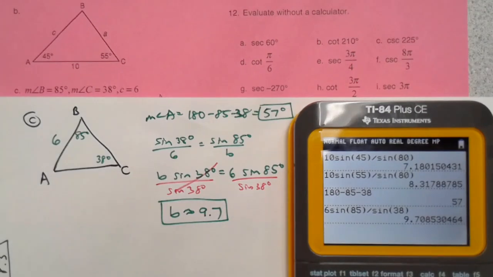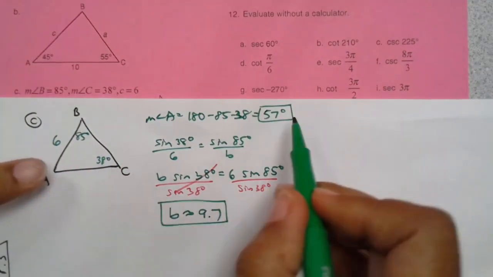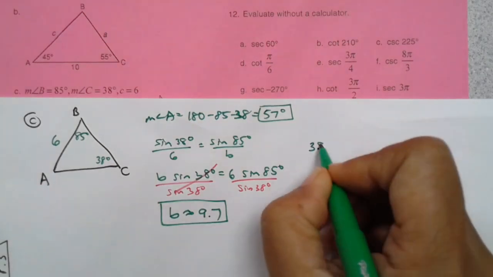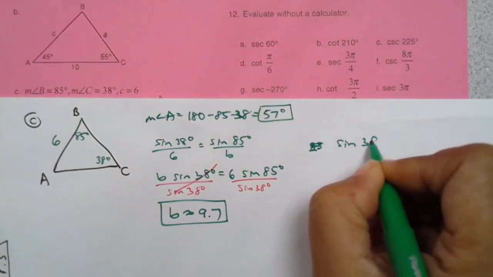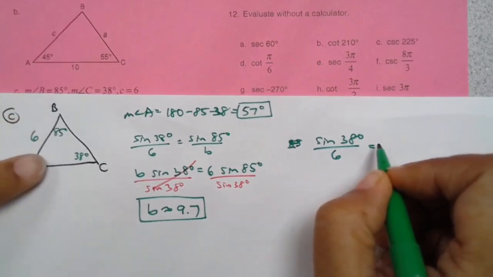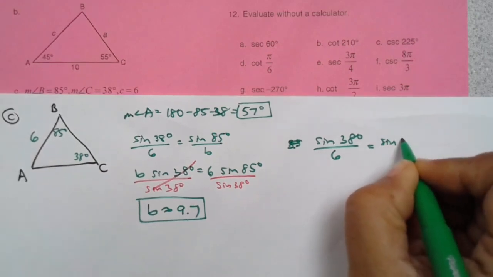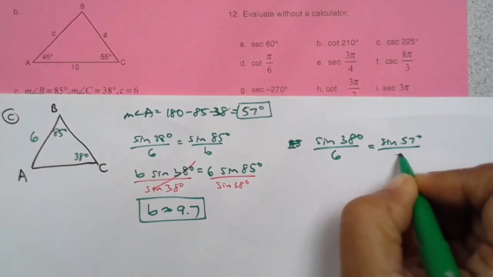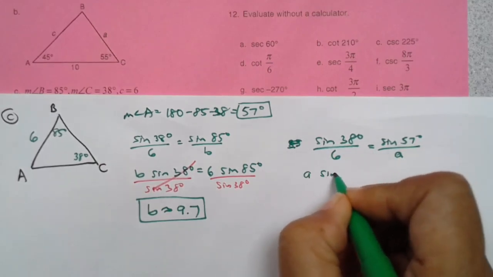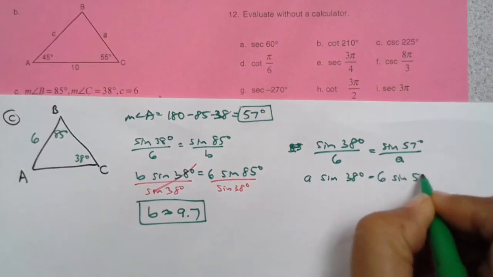All right, and now we have to solve for one more side, and that's side A. I found angle A is 57, so I'm going to use the same ratio. I'm going to use sine of 38 degrees over 6 equals, and since I'm solving for side A, I have to use angle A. Sine of 57 degrees over side A. Cross multiply, multiplying across this way, we have A sine of 38 degrees equals, this way, 6 sine of 57 degrees.